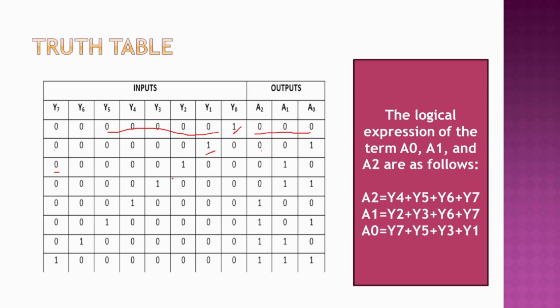Third, you give a high input for y2 and the remaining 7 inputs are 0. You will get the output a2 is 0, a1 is 1 and a0 is 0. Likewise, you give a high input to only one among the 8 inputs, and the remaining 7 are considered 0 at a time.